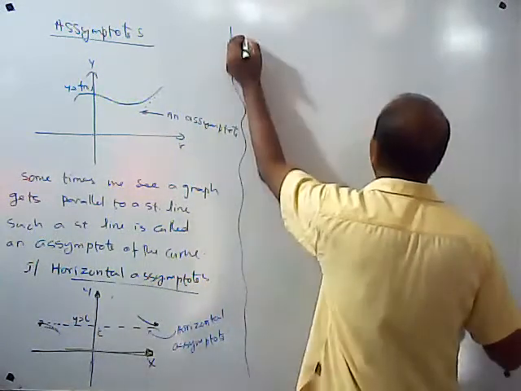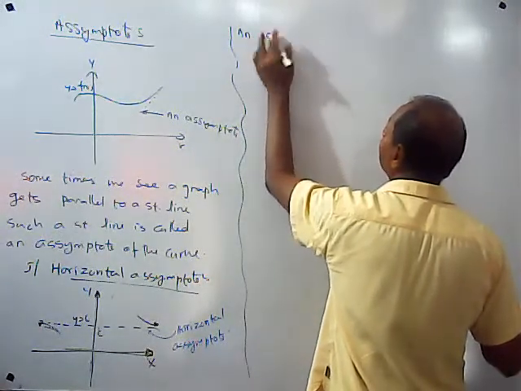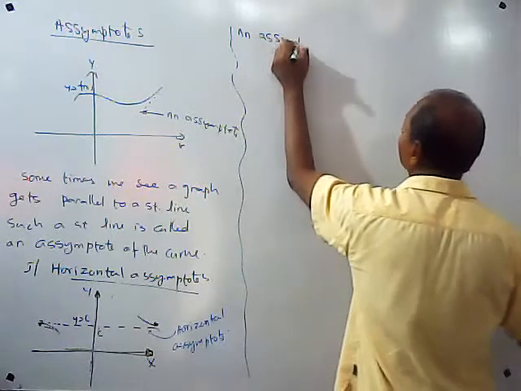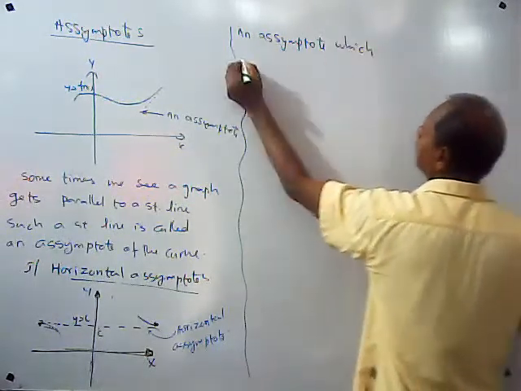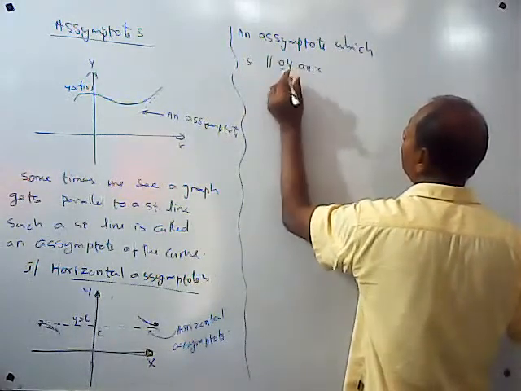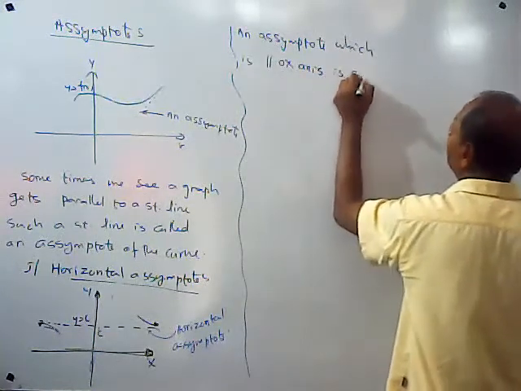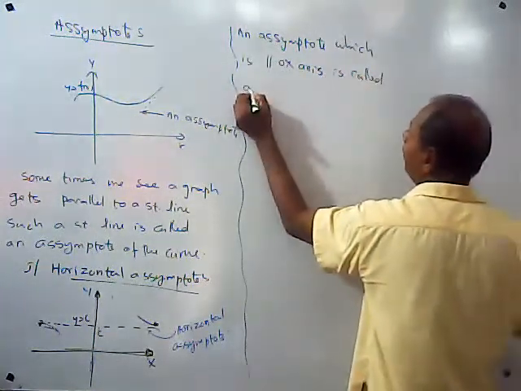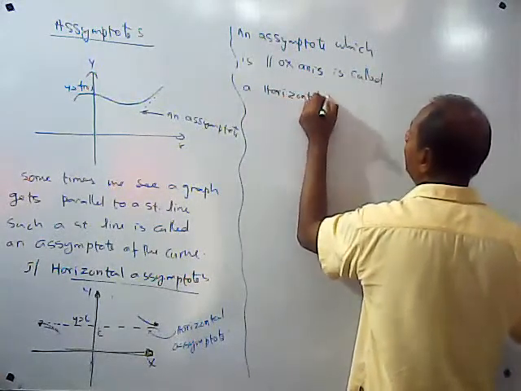We say an asymptote which is parallel to the y-axis, sorry, x-axis is called a horizontal asymptote.